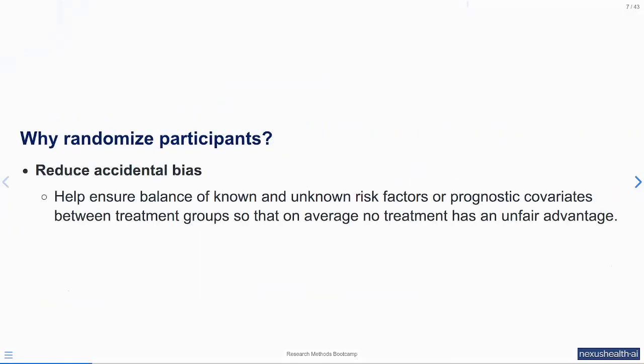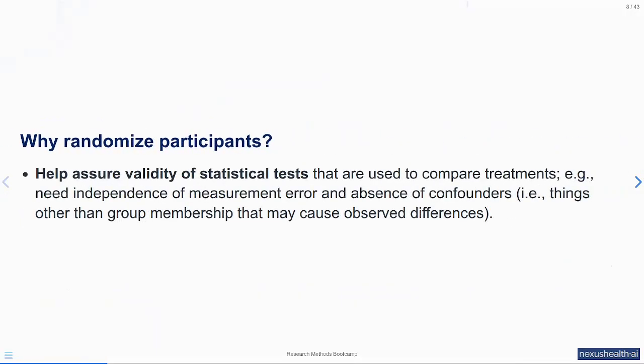Randomization also helps us to reduce accidental bias. It does not absolutely eliminate it, however. Randomization helps to ensure that balance of known and unknown risk factors or prognostic covariates between treatment groups are averaged out, such that no treatment has an unfair advantage.